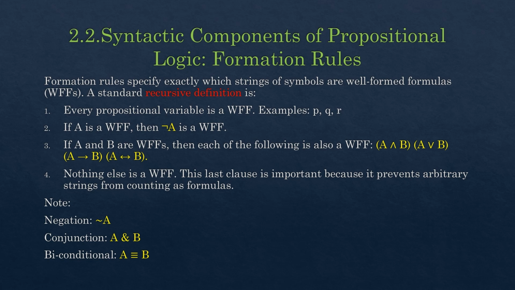And in our previous lectures, we have used the last version of the negation, conjunction, and biconditional. For this reason, I've added another way of expressing the logical connectives here in order not to be confused while watching our previous videos.